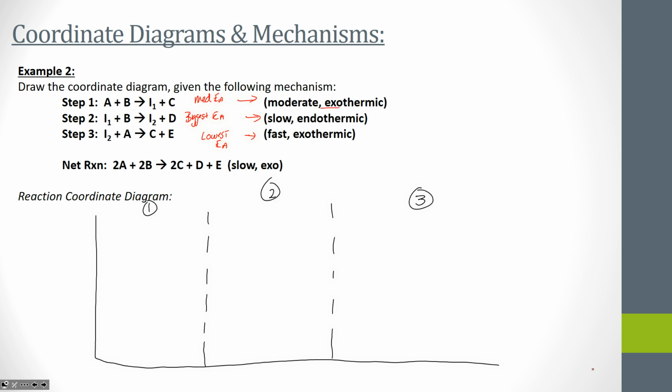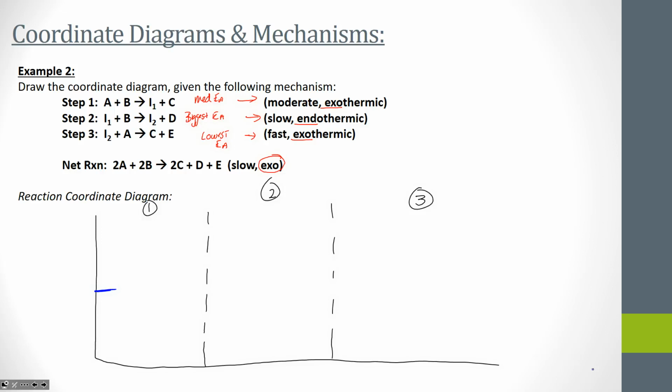Now, the exo and endothermic bit will tell me where I need to start and end each step. And then the last thing is we have to notice that the overall reaction is exo. So wherever I start my graph, I have to end below that. So I'll start my graph somewhere in the middle. So there's my starting point for my reactants. My activation energy for this step is medium.